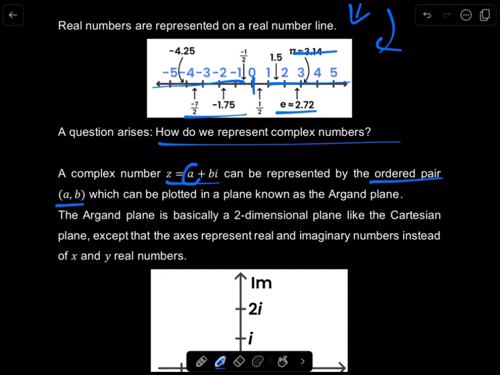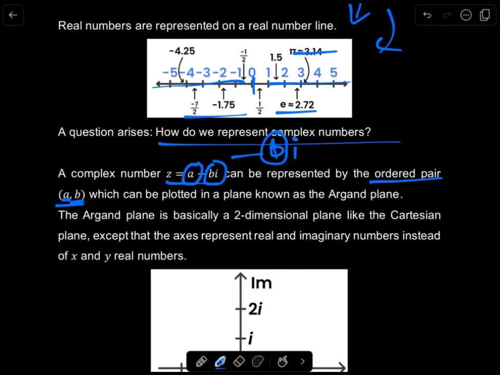So the real portion is a, and that's going to be basically our x coordinate. You can think of it like that. And then we're going to have our imaginary portion, that's bi, but we're just going to look at the coefficient of i. So in this case, it's positive b. That's why b is the second number in the ordered pair, basically like a y coordinate.